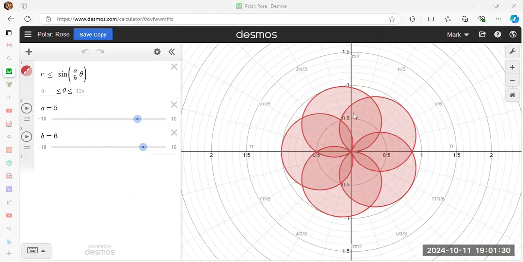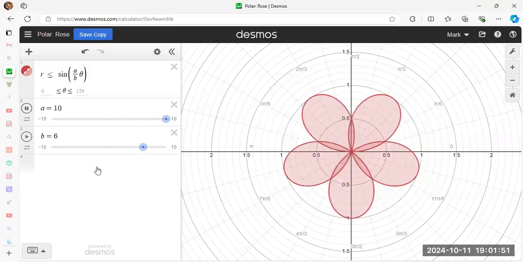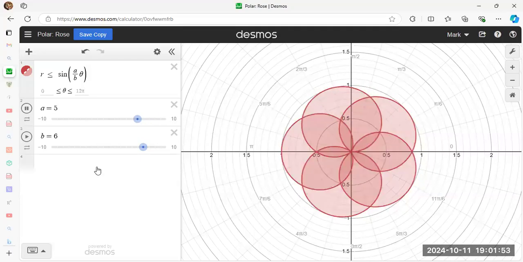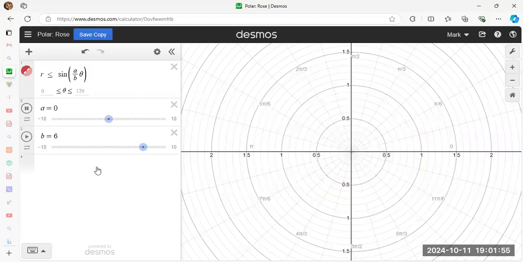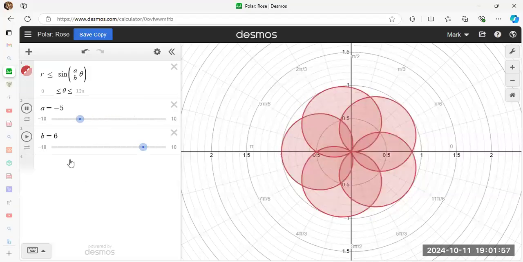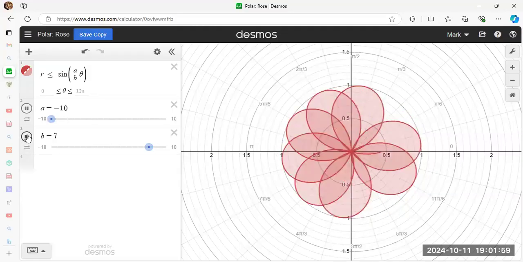Now, anybody ever see tiles that look like this before? I mean, designs like them, maybe not the exact thing. Yes, sir. This is where it comes from here. And if I do this, it gives me many different shapes and designs. So these are what I call polar graphs.